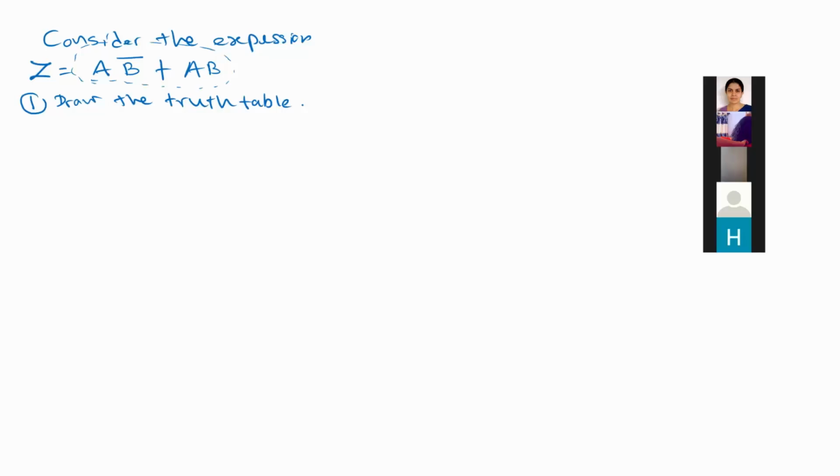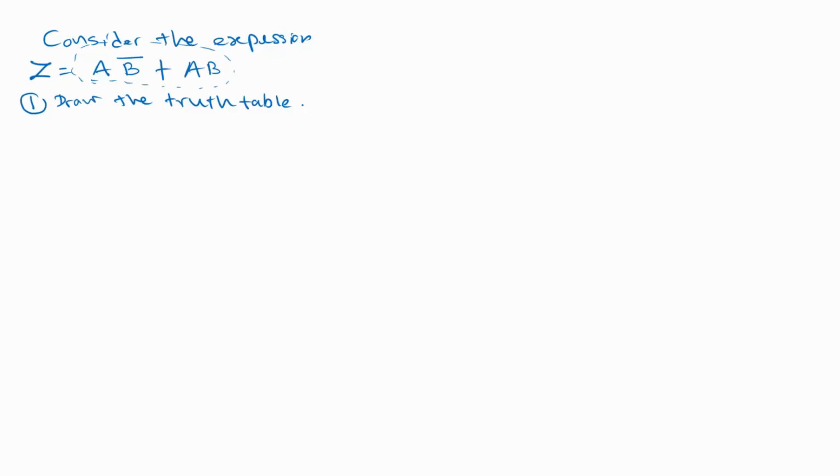Okay, now you all can help me to do this. I saw a few correct and complete answers, and they have completed the Karnaugh map as well. So I'll quickly move to the truth table. We have two inputs, A and B. You can clearly see that.